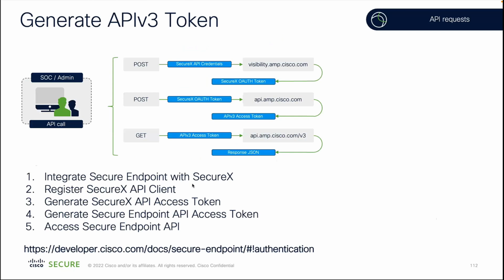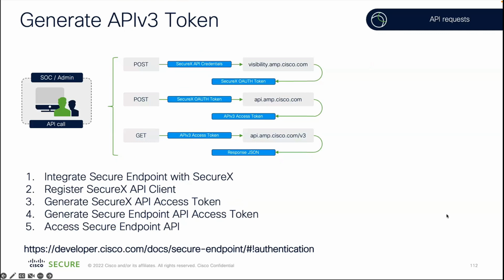I have a Postman collection that walks through that, which I received from Thorsten, that I need to get my hands on first before I can share it with you as well. But it's less complicated than it sounds, and we are not using v3 APIs yet in these labs. I just have it here for information that there is a new API that uses SecureX integration and a SecureX token to get access.